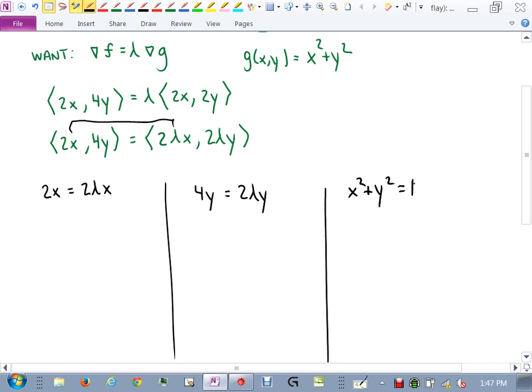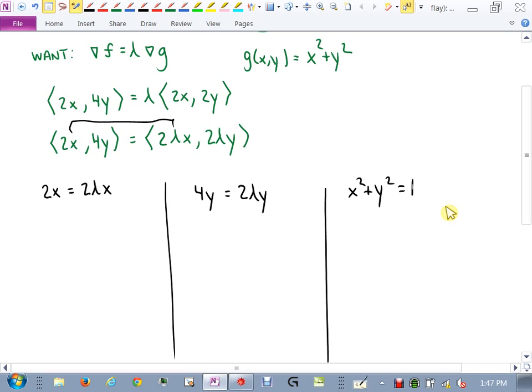All right, so how do you figure we solve this? I need to figure out what x, y, and lambda are that satisfy all 3 of these at the same time. Now, I'm asking you this because I saw some things that I was concerned about on the test when it came to solving equations.